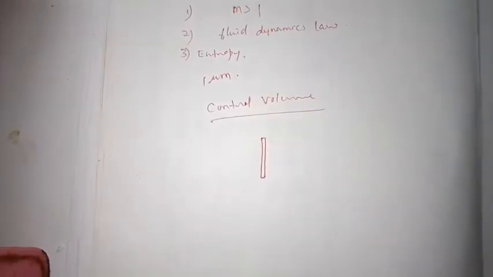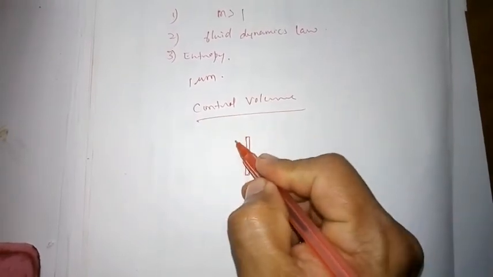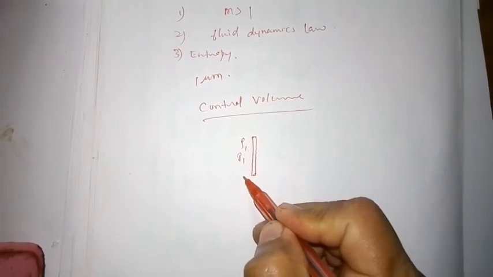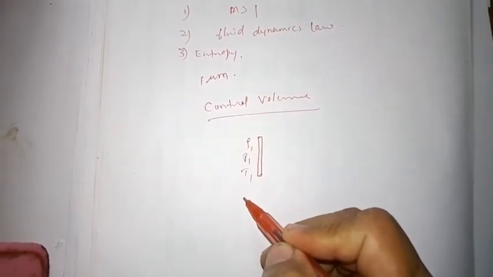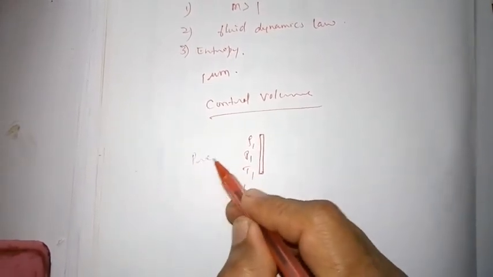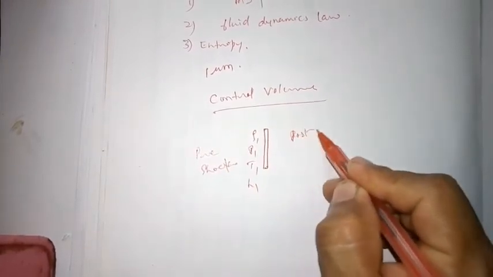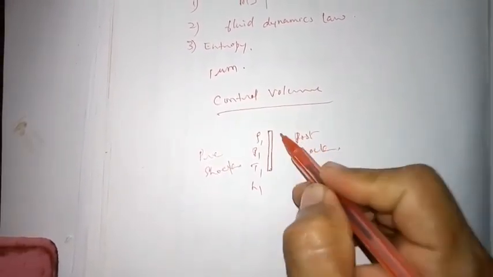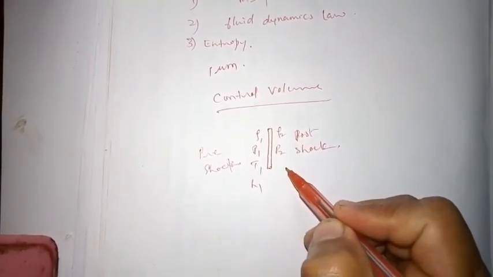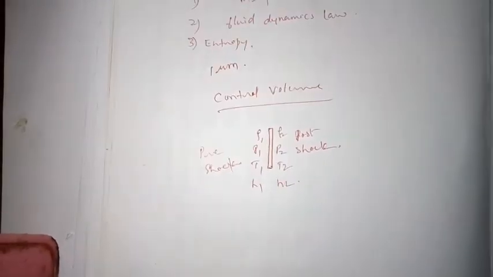On the pre-shock side, let density be rho 1, pressure P1, temperature T1, enthalpy H1. This is the pre-shock side, and this is post-shock. Here the density changes, let us say rho 2, pressure P2, temperature T2, enthalpy H2.